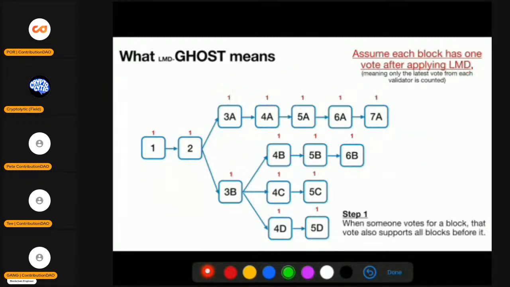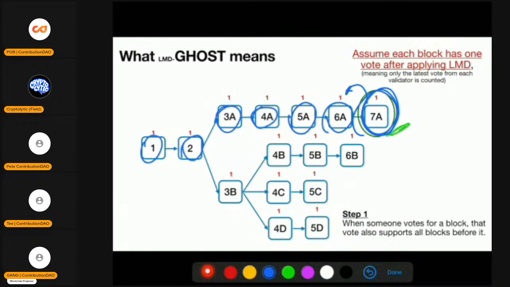Now, when you apply the GHOST step from step 1, and you consider block 7A, what is going to happen is that this vote for this block also affects the blocks before it, so it affects this one, this one, and this one.